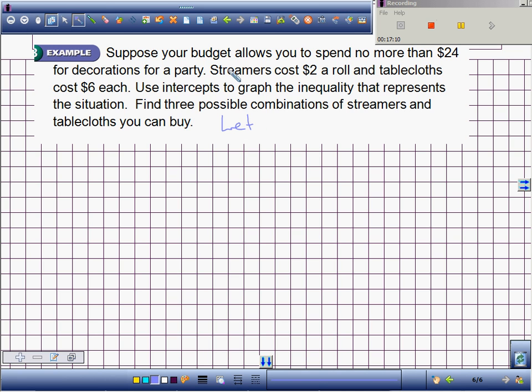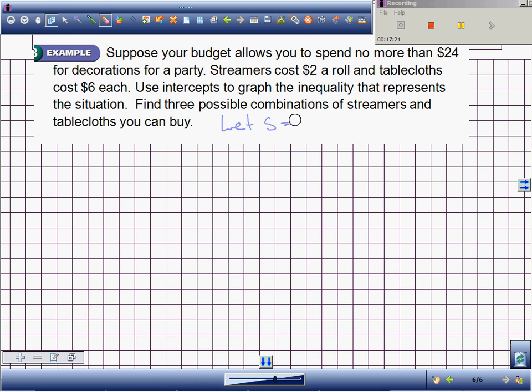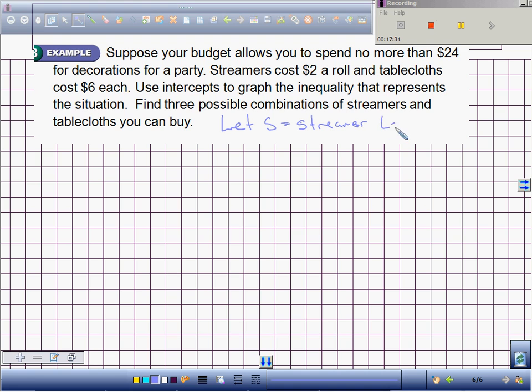What do you think? What should I let S be? S equals streamers. And let T equal tables.